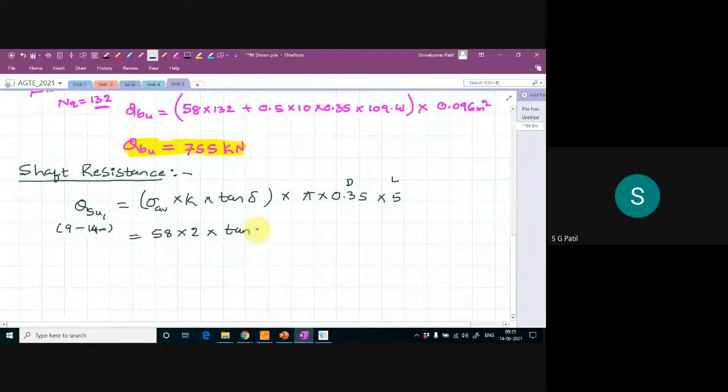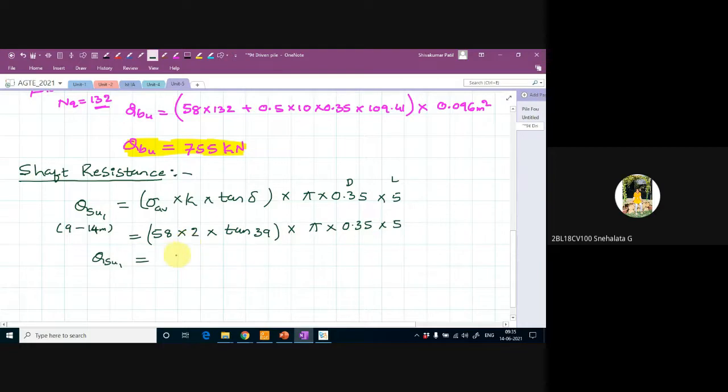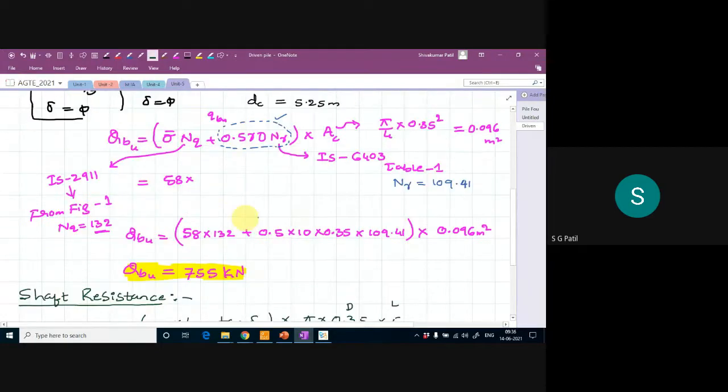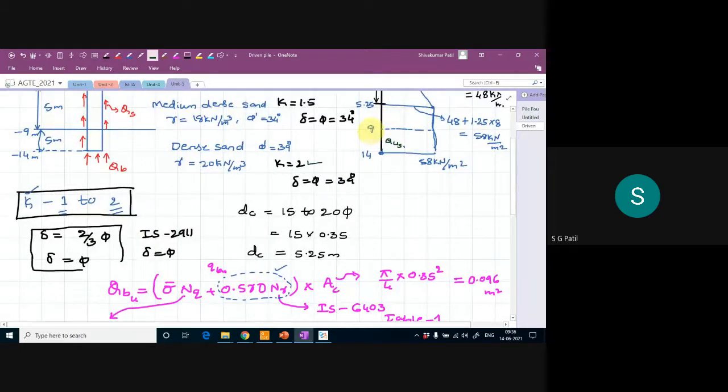So tan 39 into pi into 0.35 into 5. How much are you getting for QSU1? 516 kilo Newton.